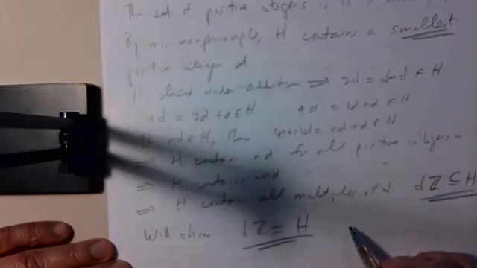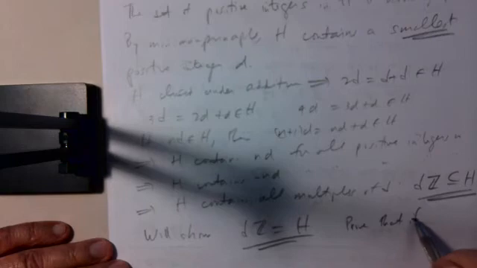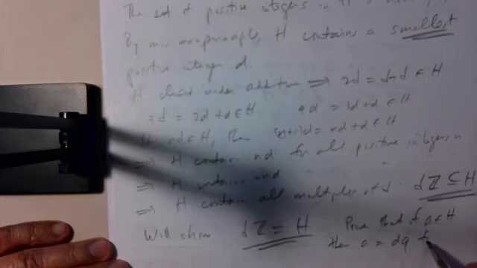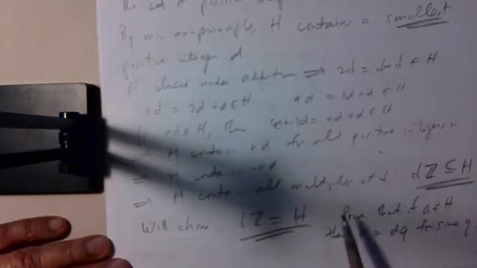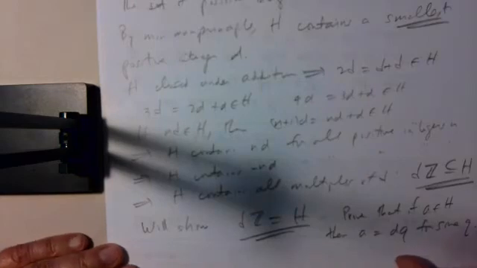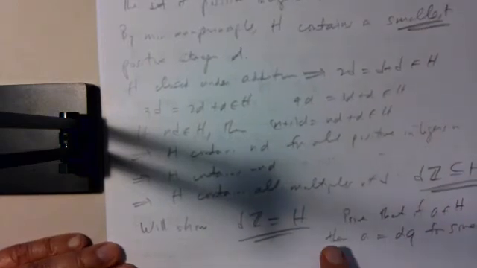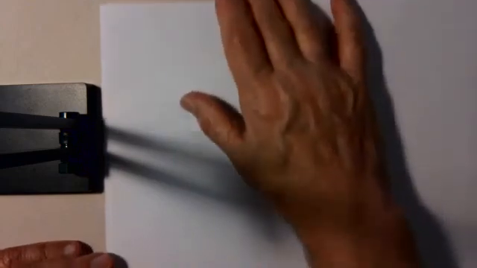In other words, we have to prove that if A is in H, then A is equal to D times Q for some integer Q. That is, every element of H is a multiple of D. How do we do that? Well, we apply the division algorithm.